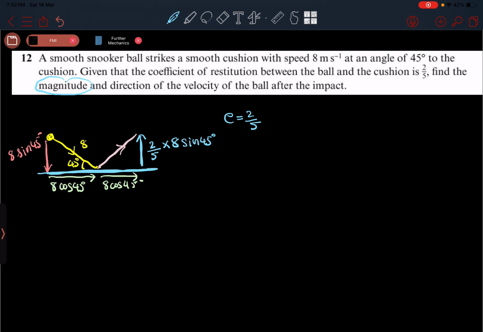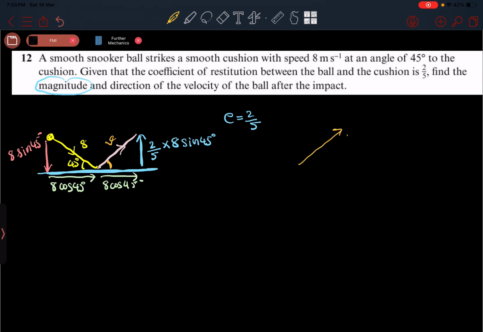This time we're also asked to find the direction of the velocity, so we have to figure out what that angle is. First, let's do the easy part, which is finding the magnitude of the velocity v.